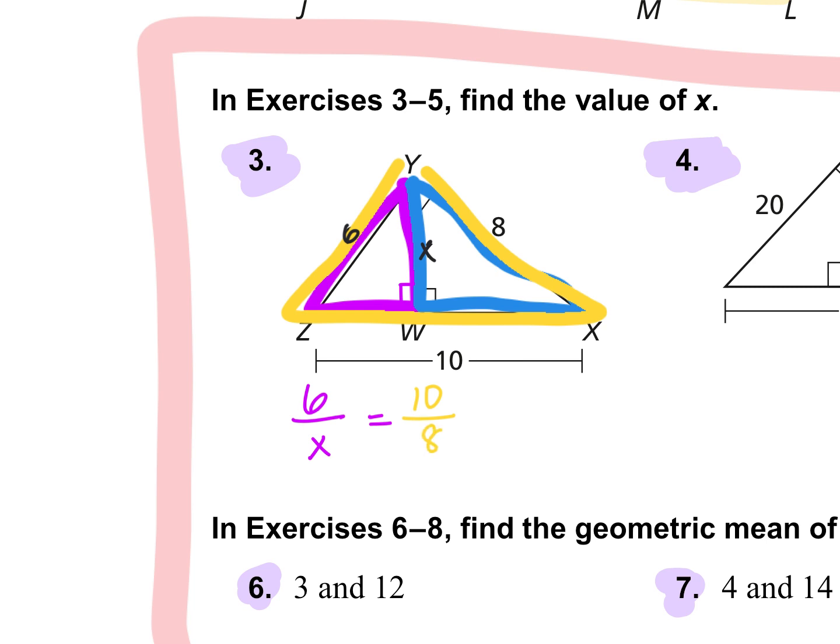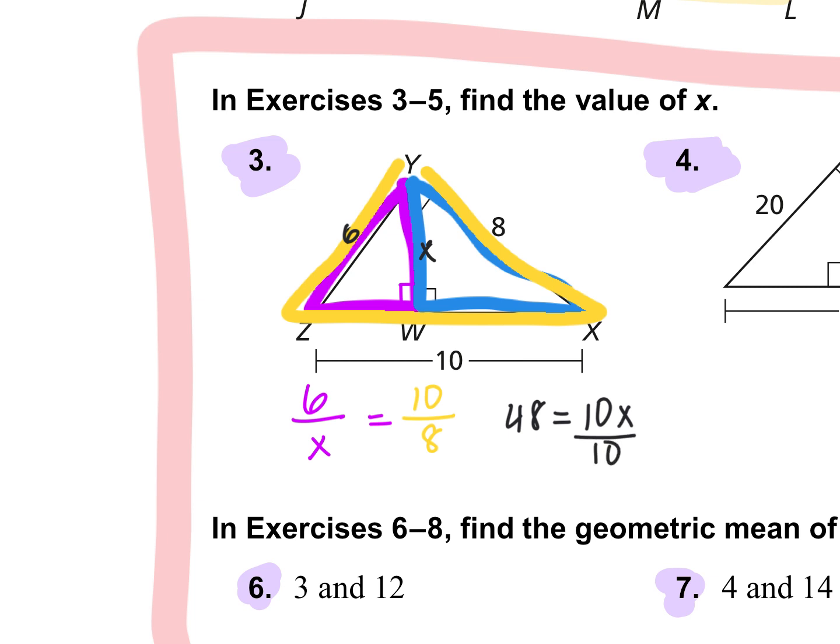So now I can cross multiply. I'm going to go ahead and cross multiply for this. 6 times 8, what would you get? I'm not going to put an equal sign here. 6 times 8 would get you 48. So I have 48 equals 10x. How would I solve for this?